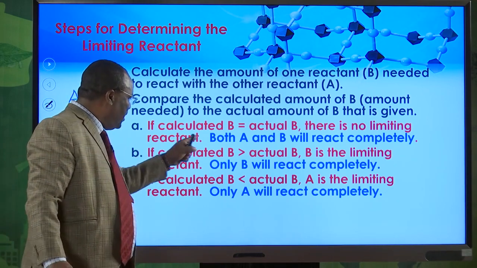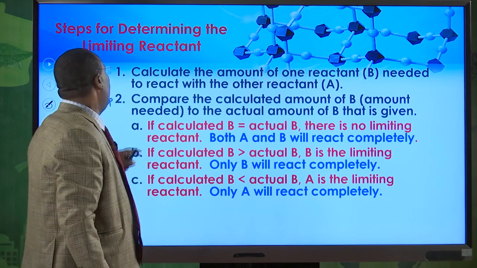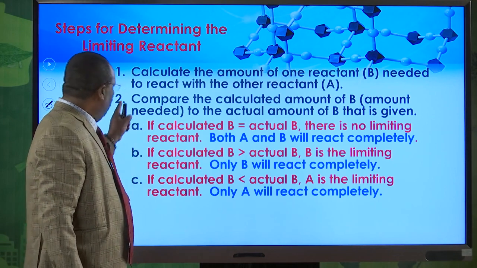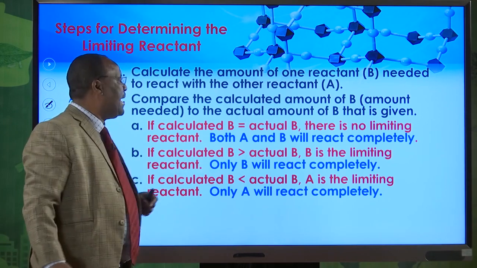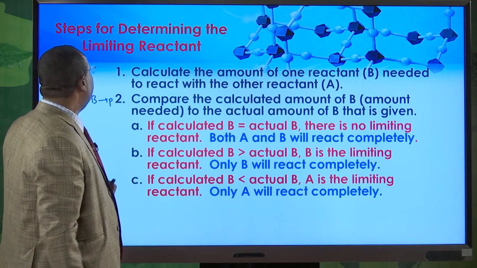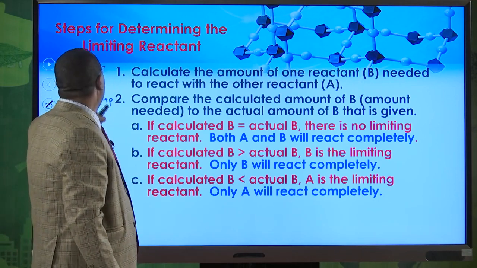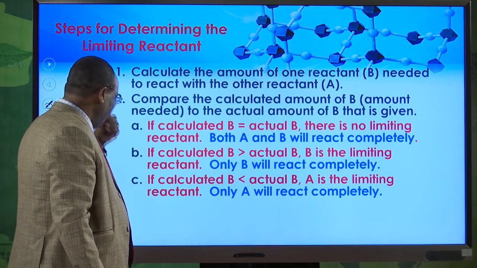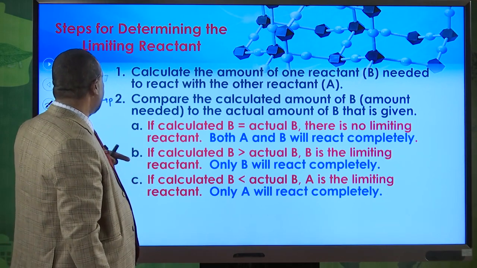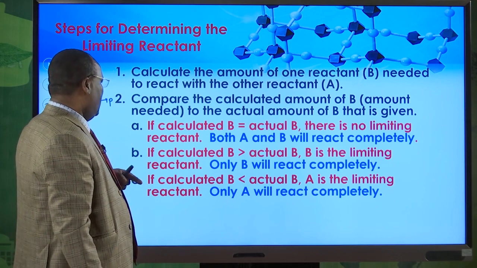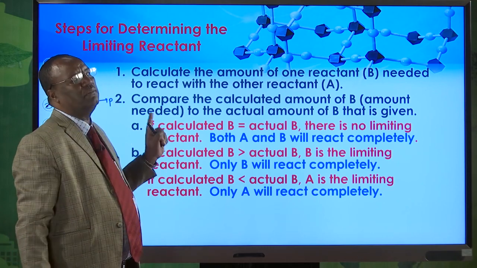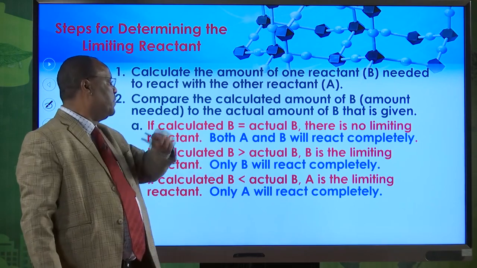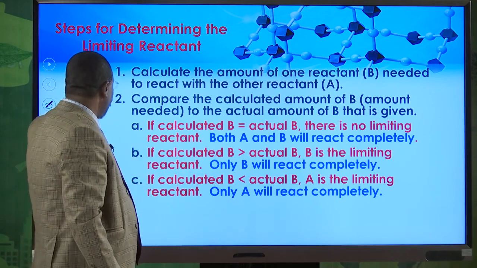We are going to calculate for the amount of B. If calculated B is greater than actual B, B is the limiting reactant. Only B will react completely. If calculated B is less than actual B, A is the limiting reactant.